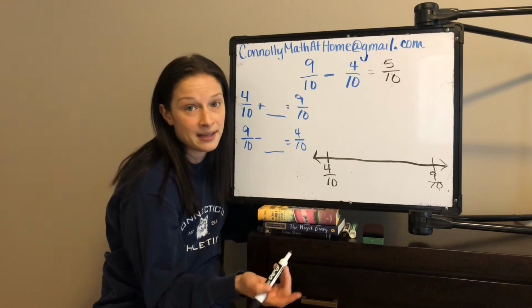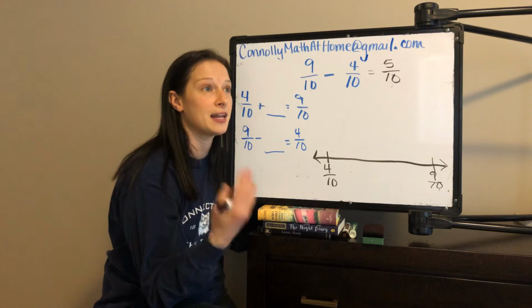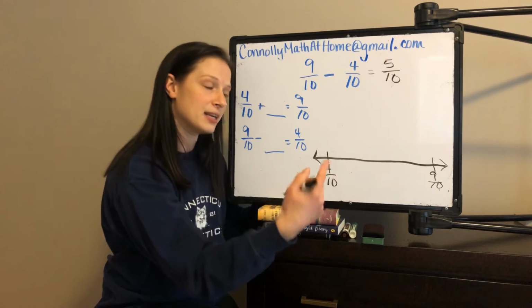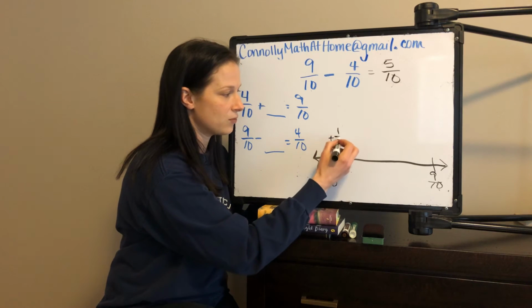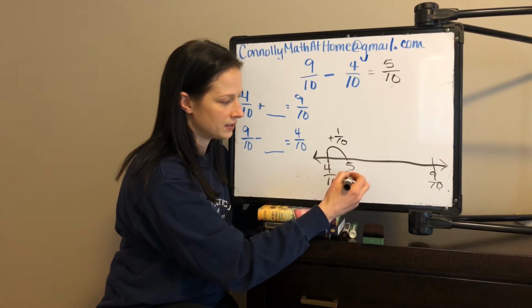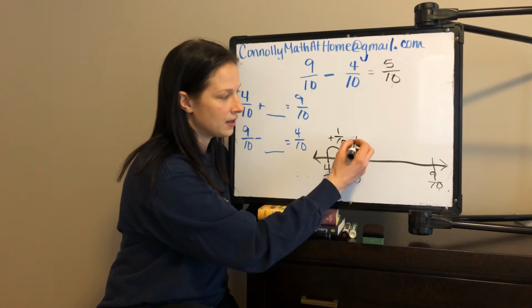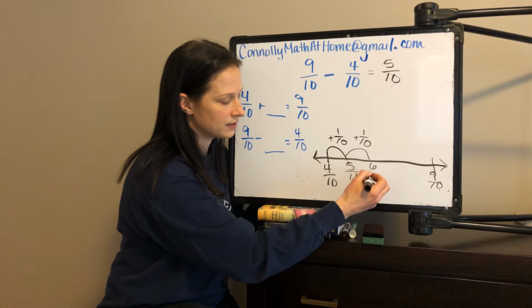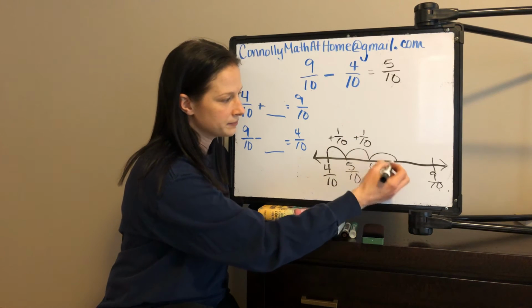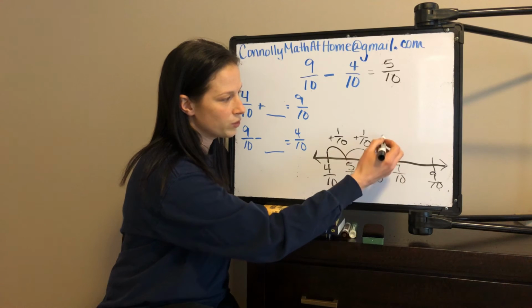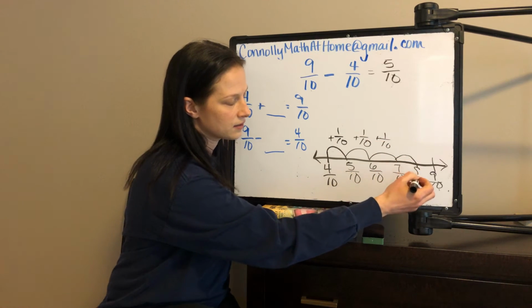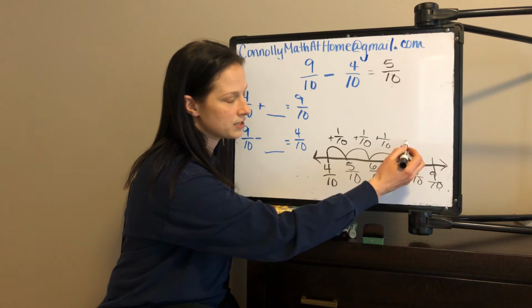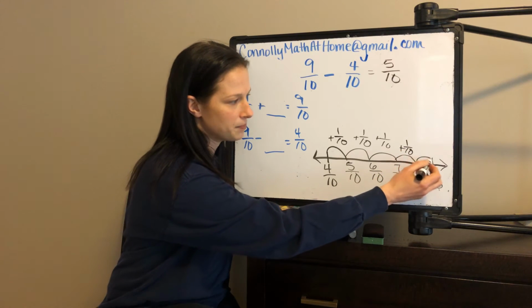So since I'm me, I prefer to add because I think that that's easier to count up than it is to count back. So what I'm going to do is add 1/10 at a time until I get where I'm going, which is to 9/10. And notice I'm clearly labeling each jump.